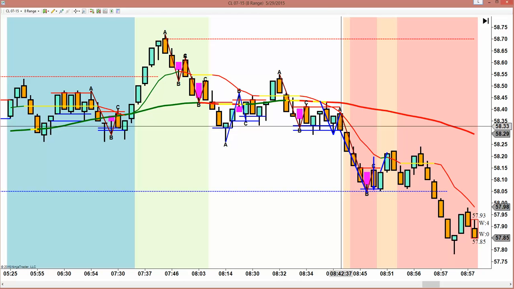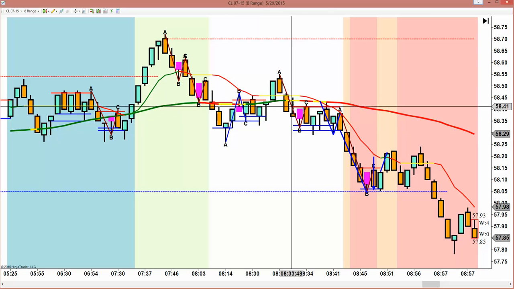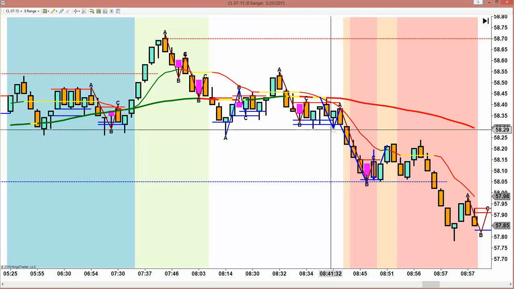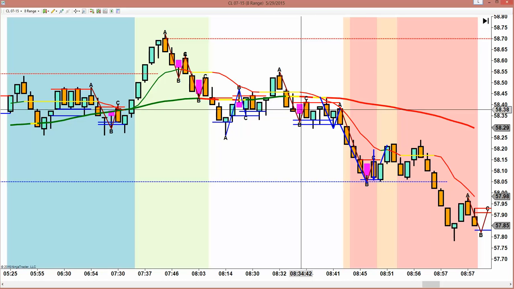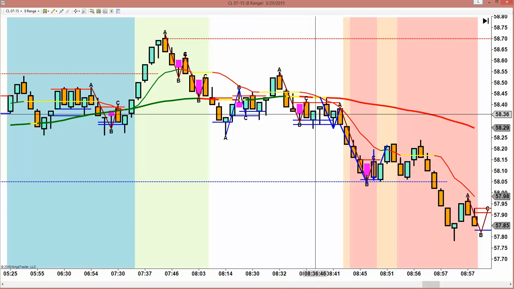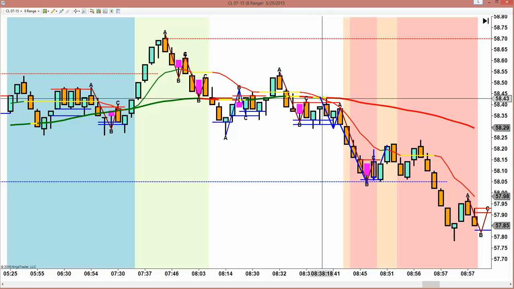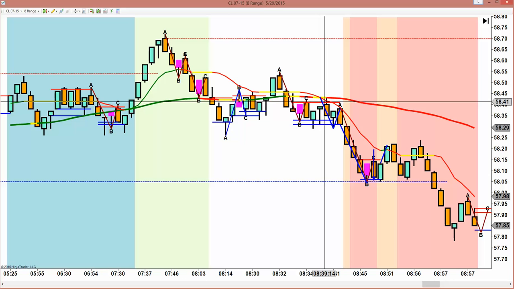And here's a great example. Now, these red and blue lines are not put in here retrospectively. After 1, 2, 3, 4 candles, you're going to see it flash on the fourth candle and then print. And it's going to stay.